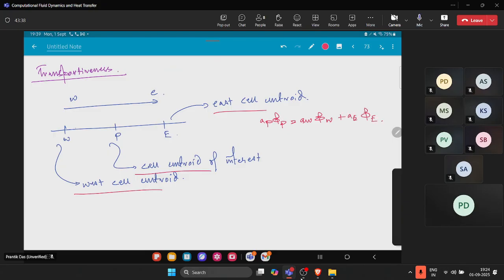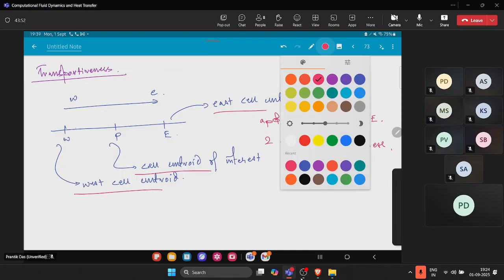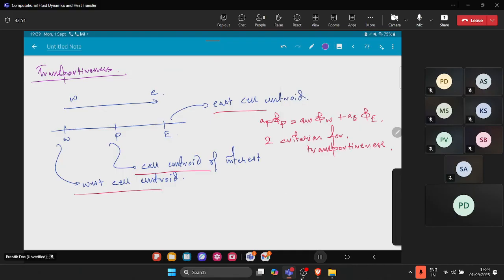So there are three criteria for transportiveness. Number one, if AP is greater than zero, then AW and AE should be greater than zero. Okay.